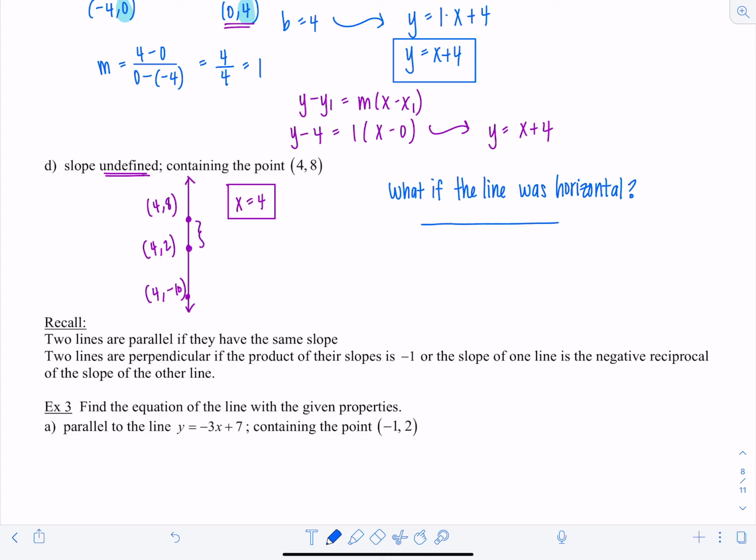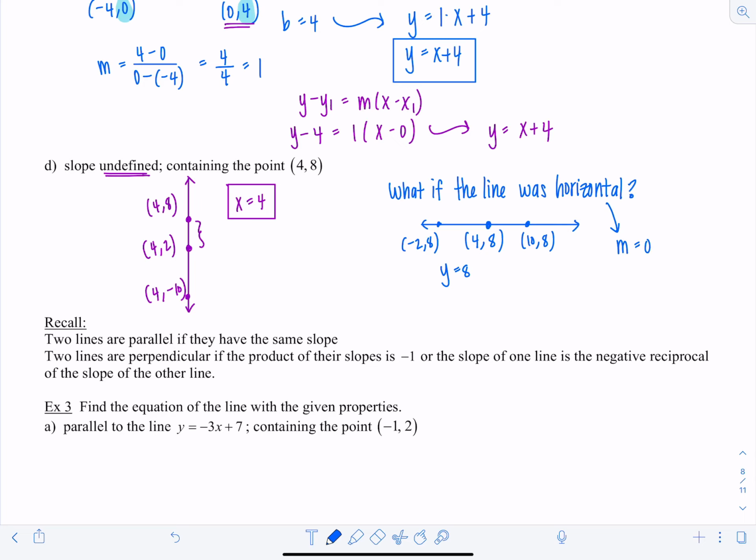So we have this line, this time it's horizontal, not vertical, and it goes through (4, 8). Well, you might guess, oh, it should be y equals 8, because again, this point would be something like (10, 8), (-2, 8), etc. But remember, the difference with horizontal lines is that they actually do have a slope. The slope is equal to 0.